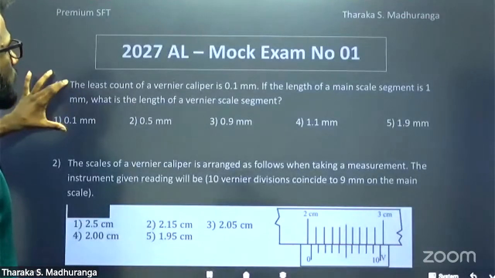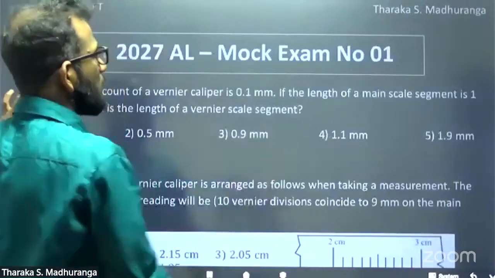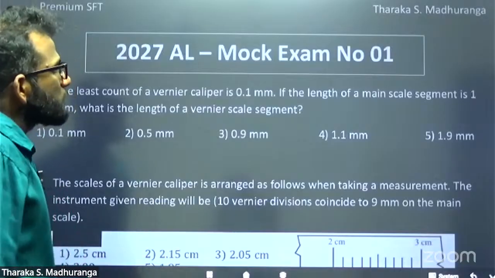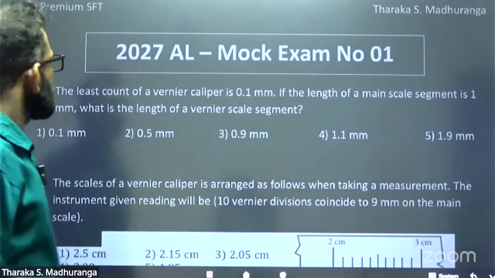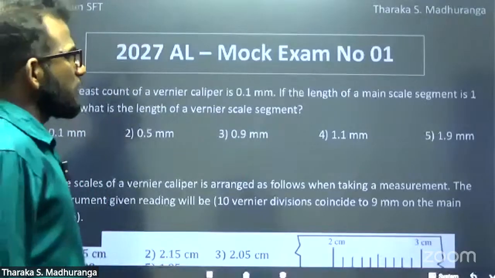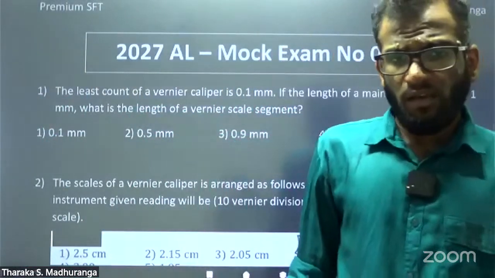The least count of a vernier caliper is 0.1 millimeter. If the length of a main scale segment is 1 millimeter, what is the length of a vernier scale segment?